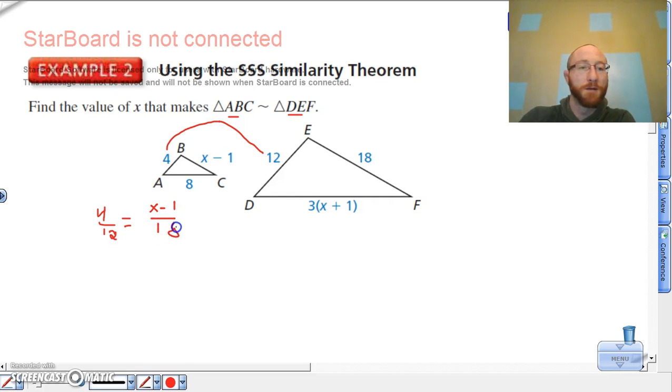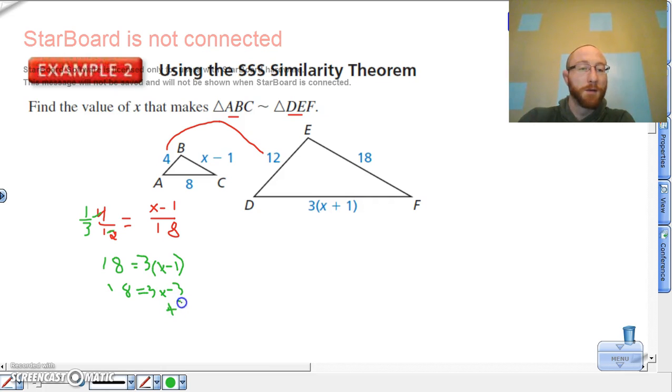over 18. Alright, now I got to simplify. So I'm going to make this into 1/3. And we'll cross multiply. 1 times 18 is 18. 3 times x minus 1, remember, you have to distribute that. So we get 18 equals 3x minus 3.